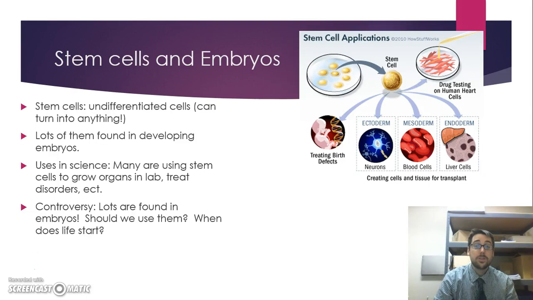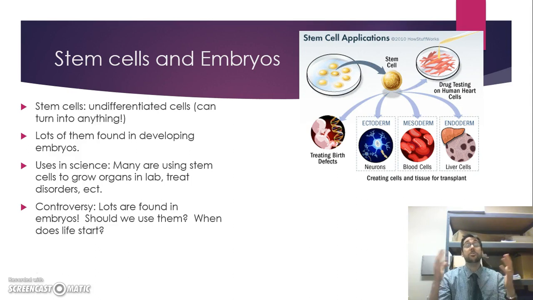So, what's the big deal with stem cells? You may have heard of it. These embryos that we just talked about in the last slide, these developing babies, can be used for research purposes. Stem cells are undifferentiated cells. Since these embryos are not clearly defined as this is a brain cell, this is a skin cell yet, we can harvest these embryos and use the stem cells to turn them into basically anything.